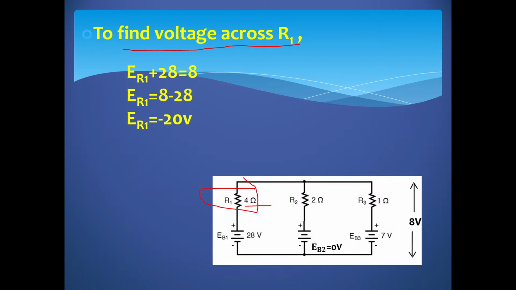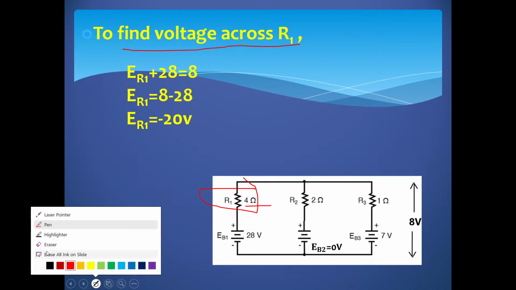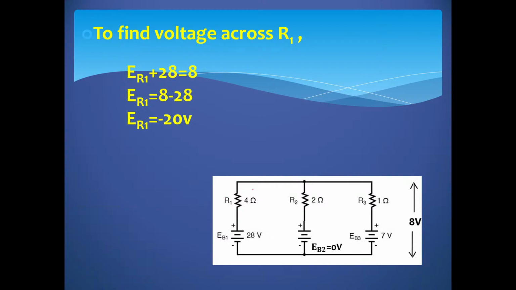If I want to determine the voltage, see, what is the total voltage in this branch? Total voltage is EB1 plus the voltage across R1. Let us assume the voltage across R1 is ER1.